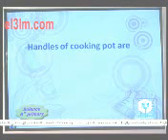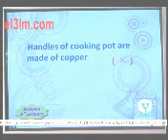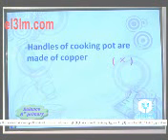Handles of cooking pots are made of copper. The answer is wrong, because copper conducts heat well, and if we touch the handles of the cooking pots, we will feel very hot.